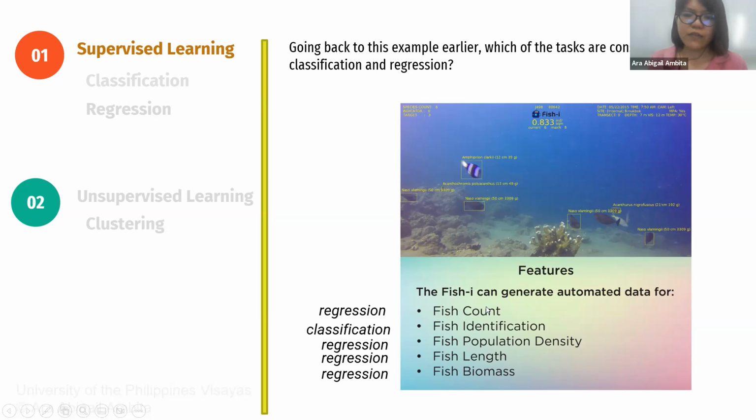Fish count, fish population density, fish length, and fish biomass are all regression because they are producing a certain number or a certain value. The fish identification, on the other hand, is considered classification because you are categorizing a certain fish into a certain species or a certain fish ID.